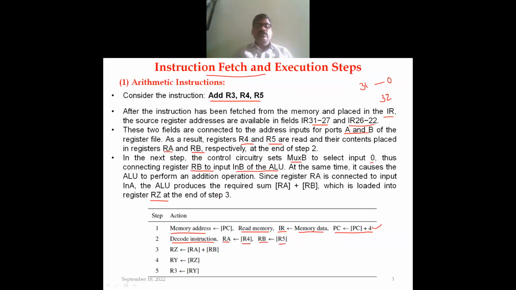In the third step, the ALU operation is carried out: contents of RA and RB are summed, and the result is stored in RZ. Then we store the contents of RZ into RY. In the fifth step, the contents of RY are transferred to the processor register R3. These are the five actions carried out when executing this arithmetic instruction.